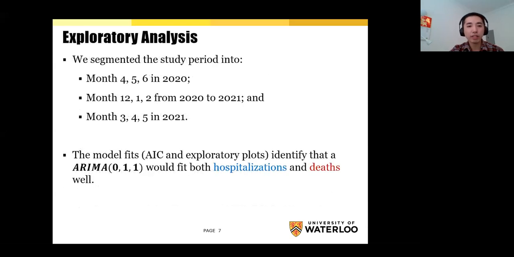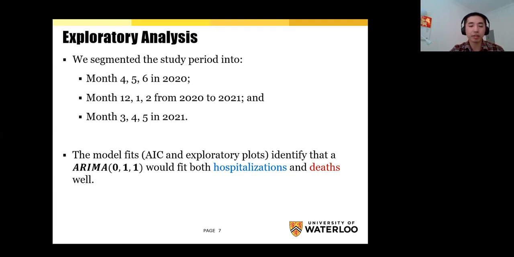So to do any fitting, we start with some exploratory analysis. First, as I said, we're going to segment the study into 3 periods. Each period contains exactly 3 months, just for the sake of easy comparison. And that's pretty much also what happened before. After we fit multiple models, we're going to compare and pick the best model.